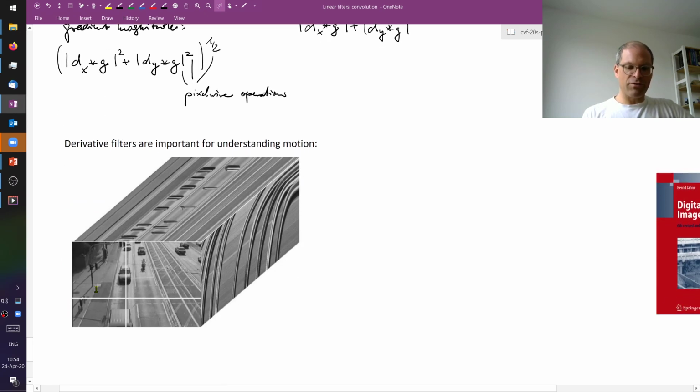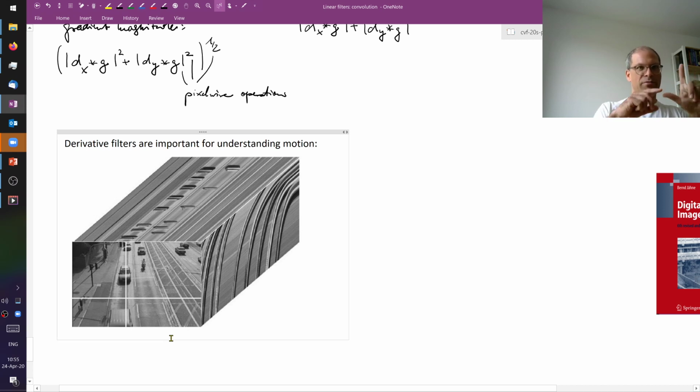Derivative filters are also used to estimate directions, and estimating direction is equivalent to estimating velocity. Also from Bernd Jähne's book, we see a street view, and a video is, if I have x, y plus time, a 3D volume.